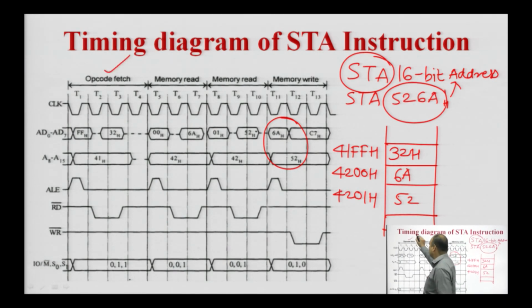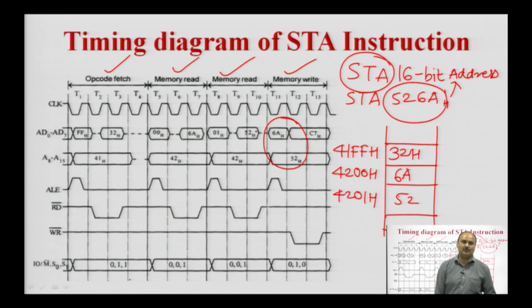The first machine cycle is the opcode fetch machine cycle, the second is a memory read machine cycle, the third is also a memory read machine cycle, and the fourth is the memory write machine cycle. So, to execute the instruction STA 16-bit address, the processor will execute opcode fetch, memory read and memory write machine cycles.